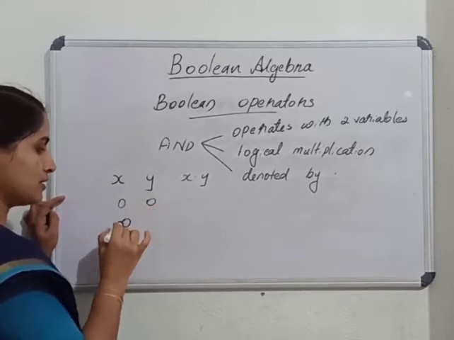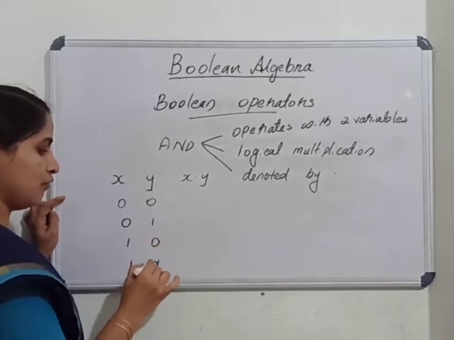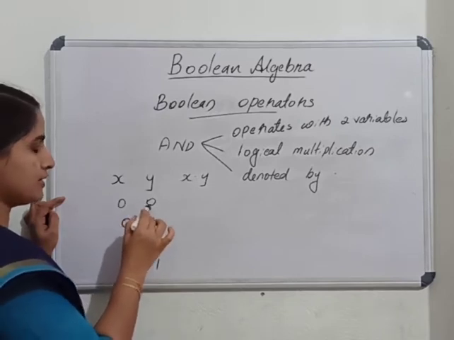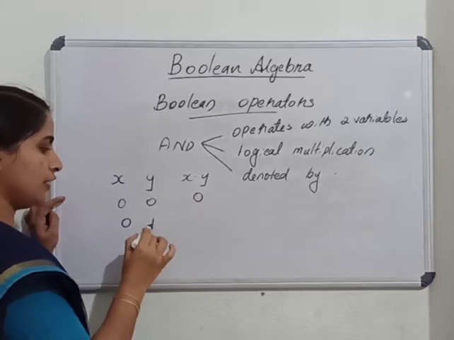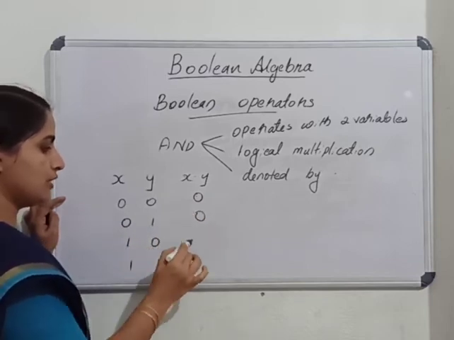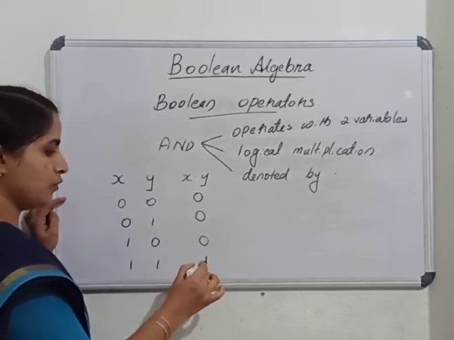Next one is 0, 1, 1, 0, 1, 1. Okay? Corresponding output: 0 and 0 is 0. 0 and 1 is 0. 1 and 0 is 0. 1 and 1 is 1.